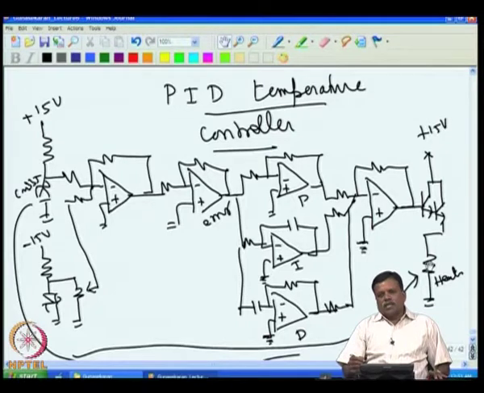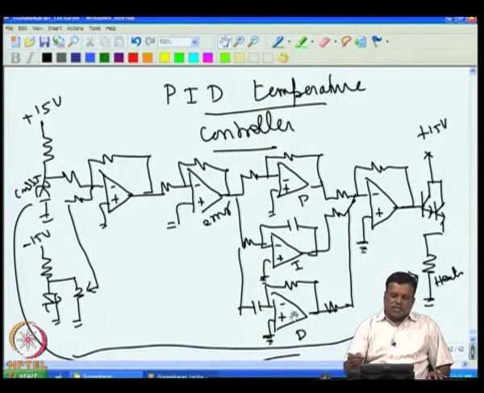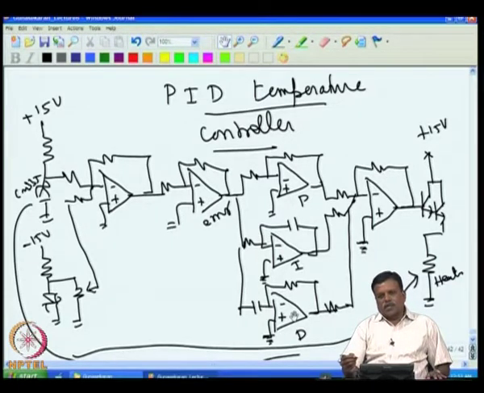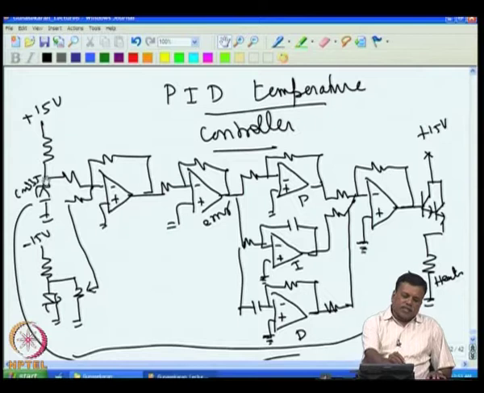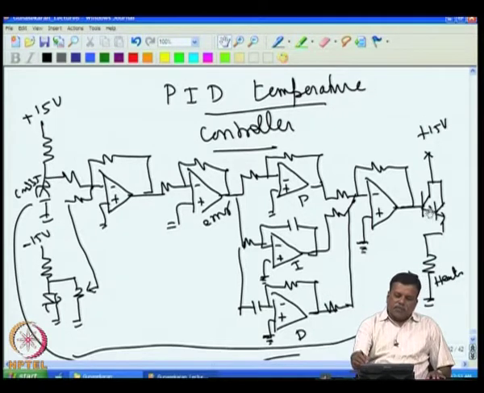Probably for a system like a temperature controller, you do not need a differentiator, but there may be a case where we are controlling a faster system. For example, we are controlling the position of a mechanical system using a motor. In that case, instead of temperature, I will give a voltage corresponding to position here, and then I will get a position feedback, and then make an arrangement to drive a motor.